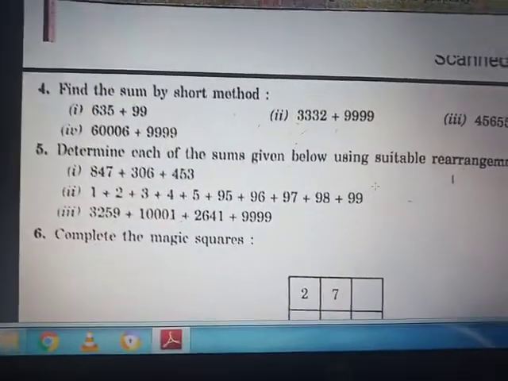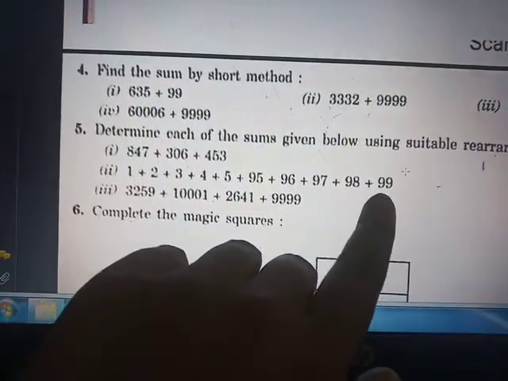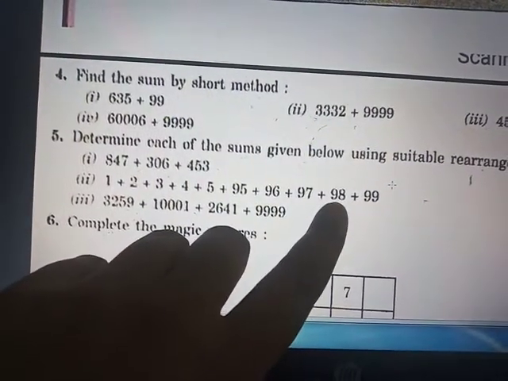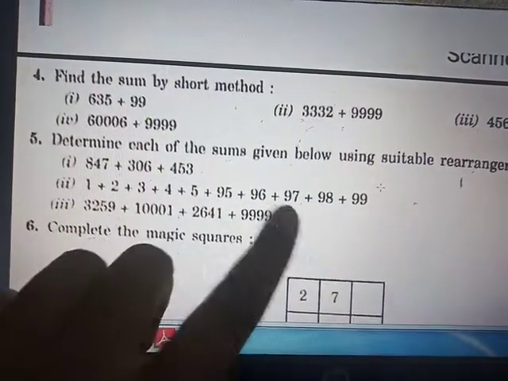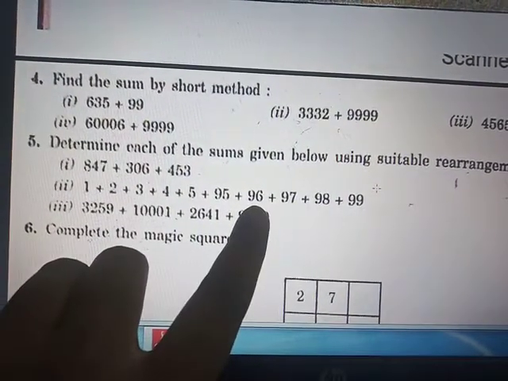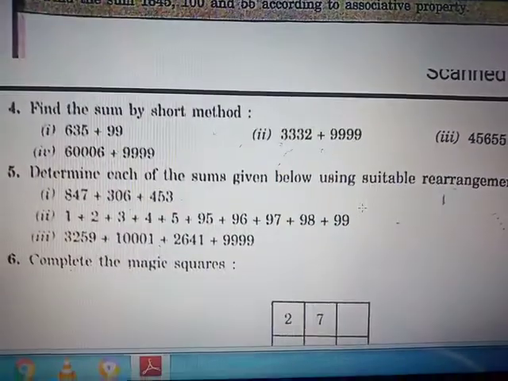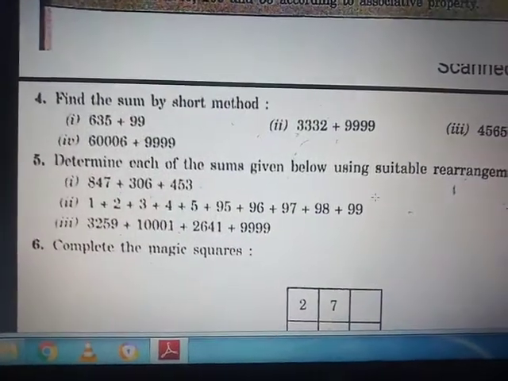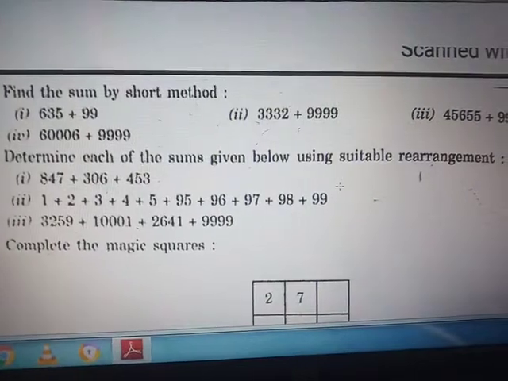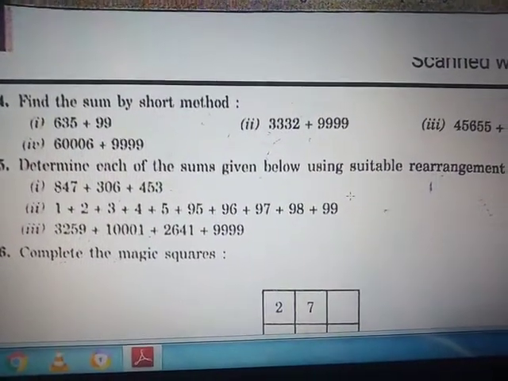Here 1 added with 99 is 100, 2 added to 98 is 100, 3 added to 97 is also 100, 4 added to 96 is also 100, and 5 to 95 is also 100. So arranged this way we get 100 each time, and we will then add these hundreds to get our result.